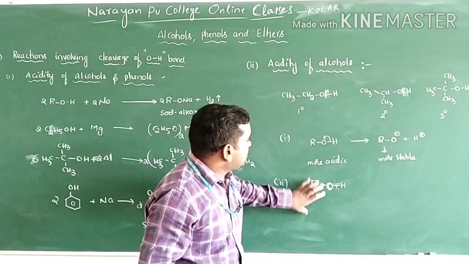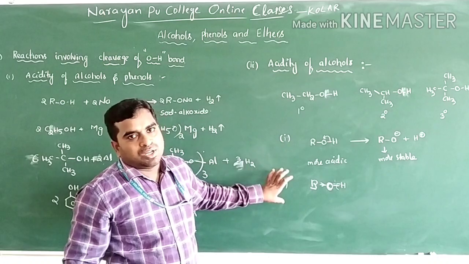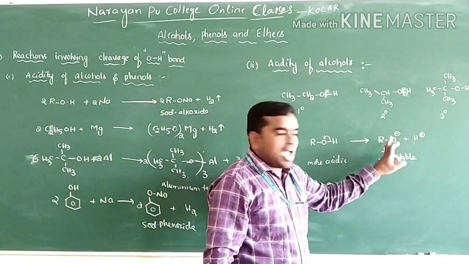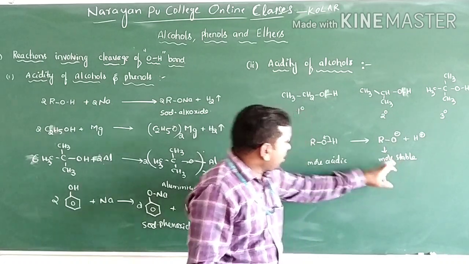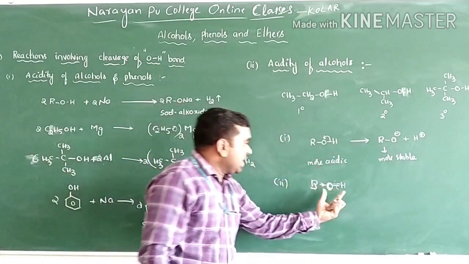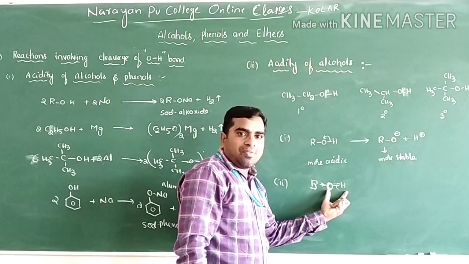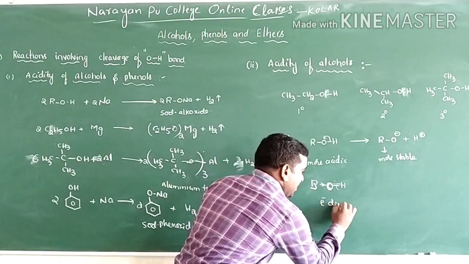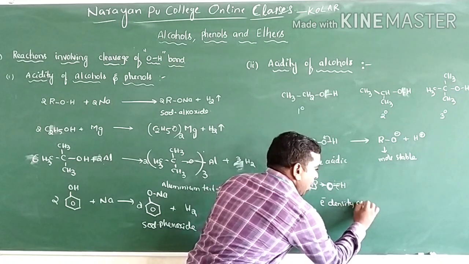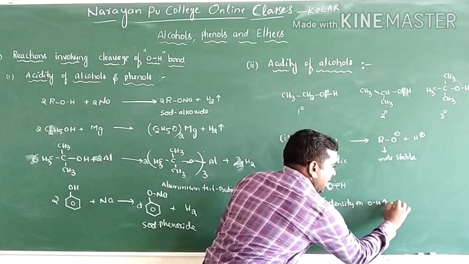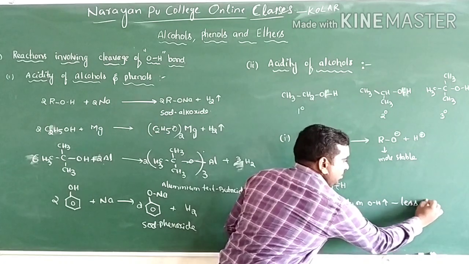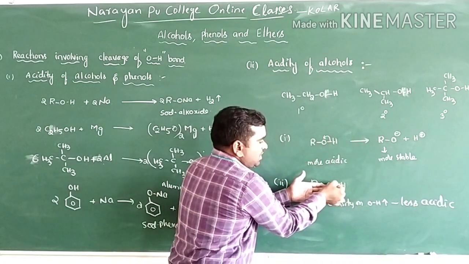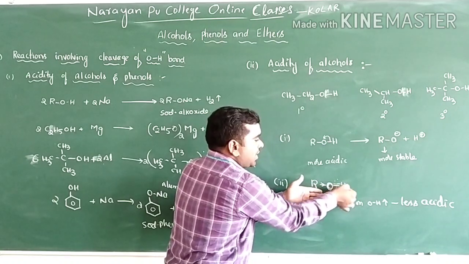Clear? So these are the two concepts you have to remember. First one, see the ion. If the ion is a more stable anion, then the acid is more acidic. If electron density on the OH bond is high, then it is less acidic, because more electrons means it will form some other bonds here, so its bond breaking is different.